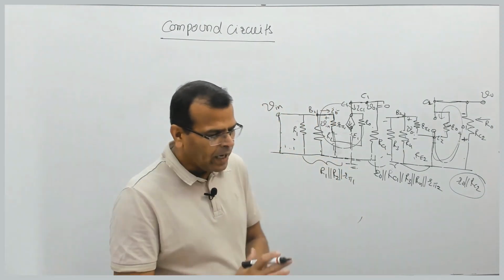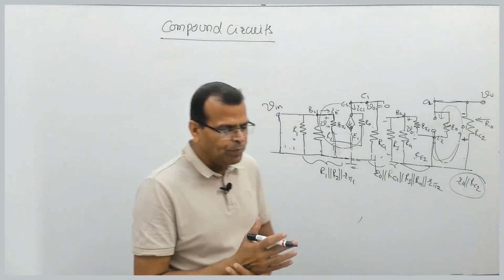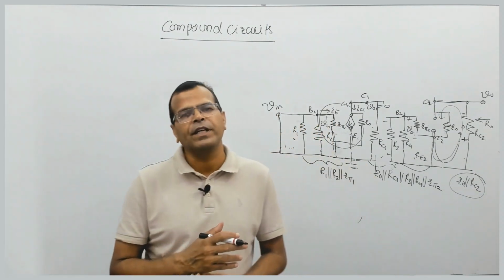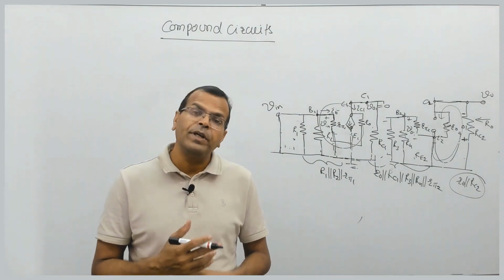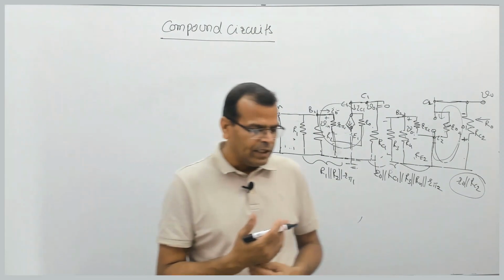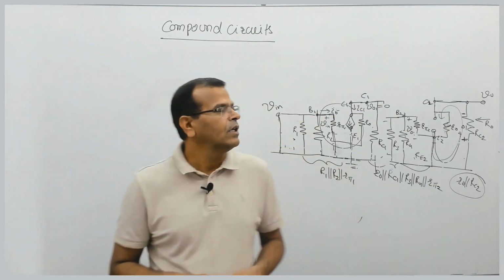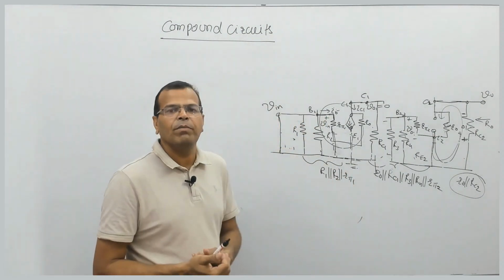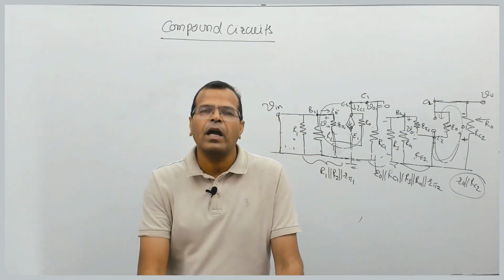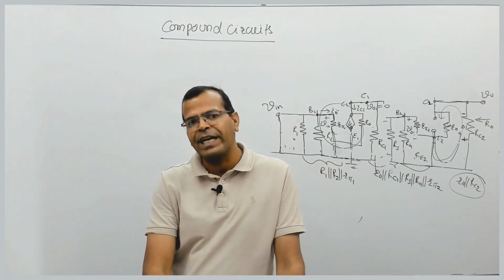And of course, we have seen that the gain of the first stage is affected by the input impedance of the next stage. So this is all about cascade connection. So wait for my next video where I will be talking about the Darlington pair. The Darlington pair is also an example of cascade connection.